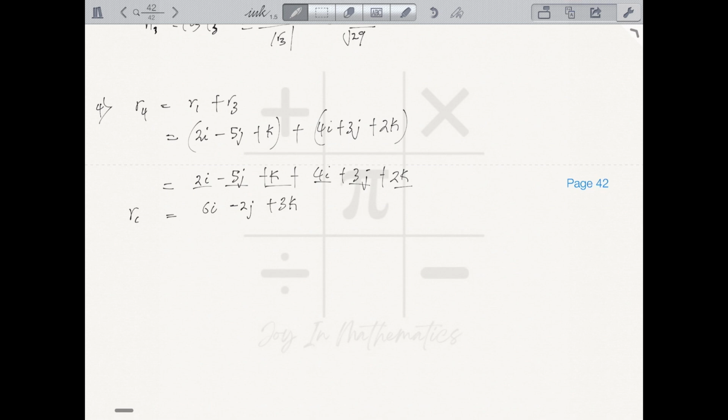So we have R4. Now we are asked to evaluate the direction cosine of R4. R4 is a three-dimensional vector. x is equal to 6, y is equal to minus 2, and z is equal to 3.